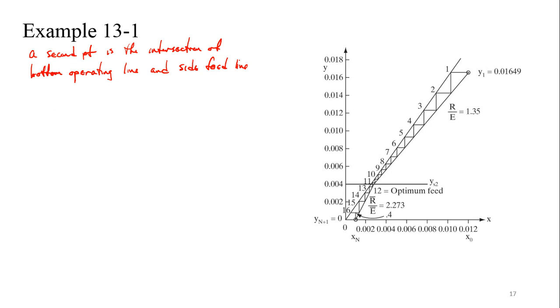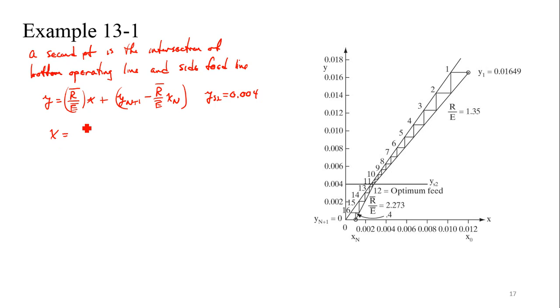And so in that case, our bottom operating line was y is equal to R bar over E bar times x plus y_{n+1} minus R bar over E bar times x sub n. And of course, for our side feed, we know that y_S2 is equal to 0.004. Right, so we substitute that in. We can solve this for x.